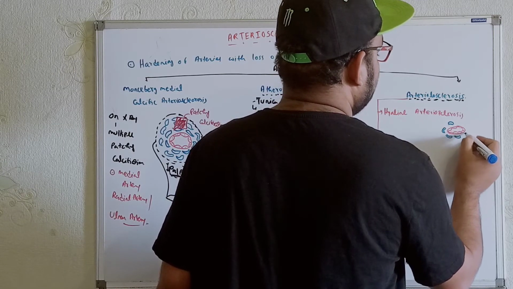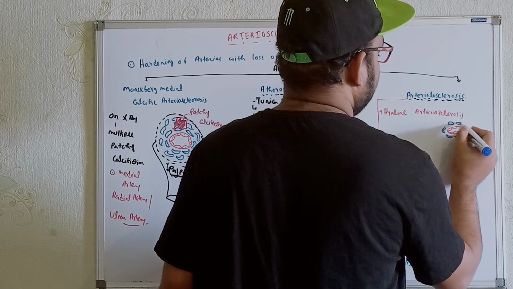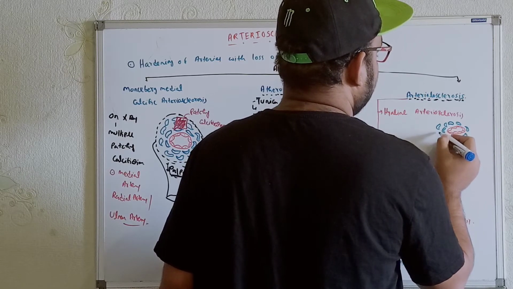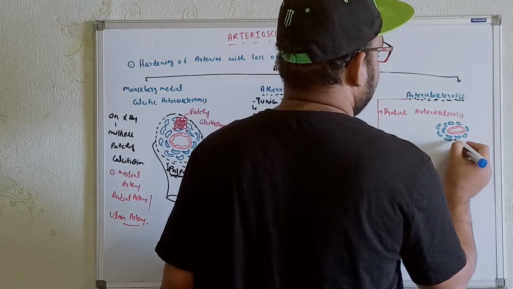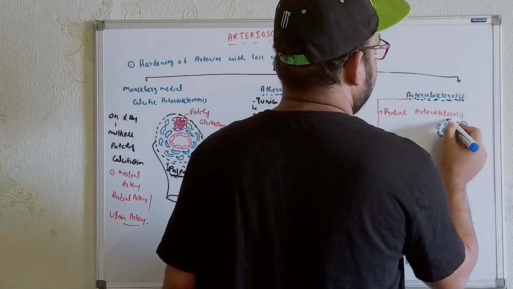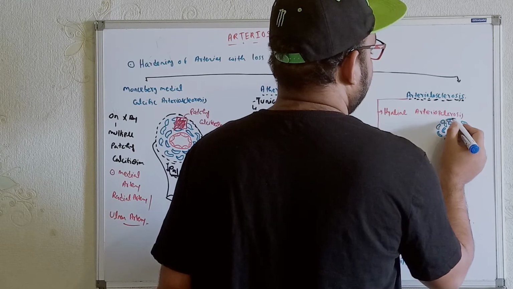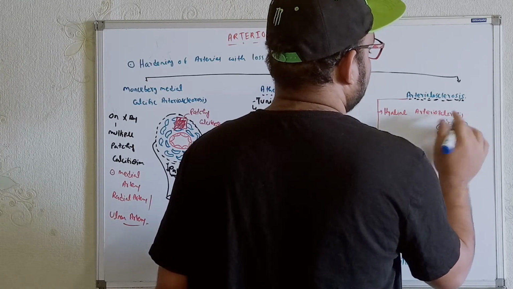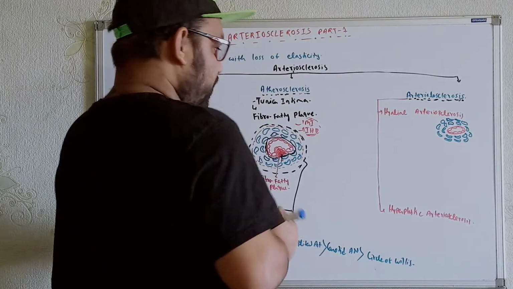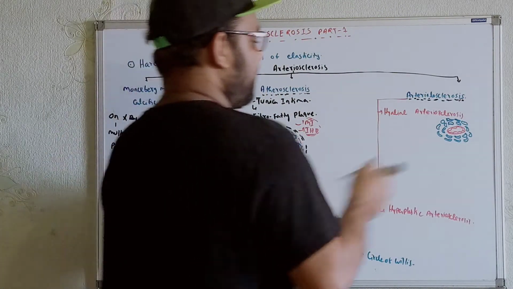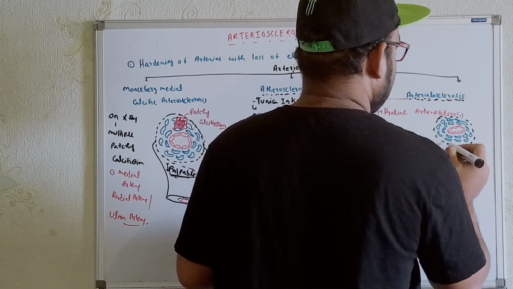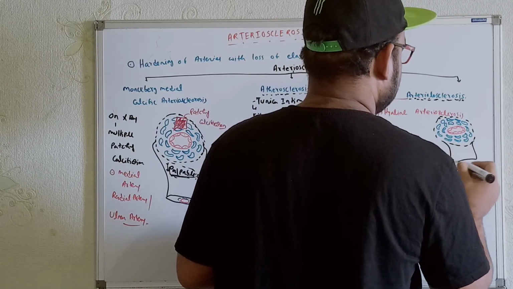Then we'll get the tunica adventitia on the outermost layer. And if we draw a little bit, this whole thing stretches over here, guys.